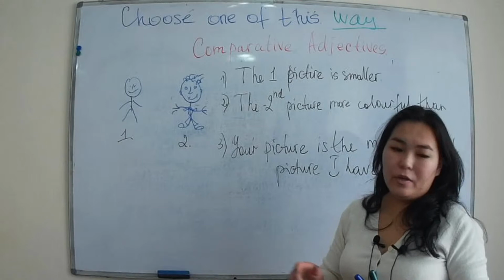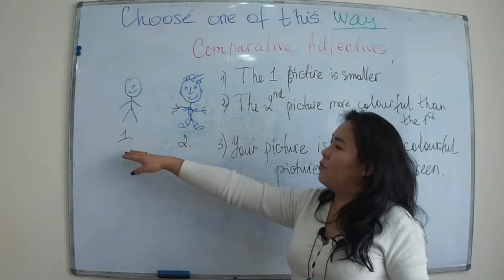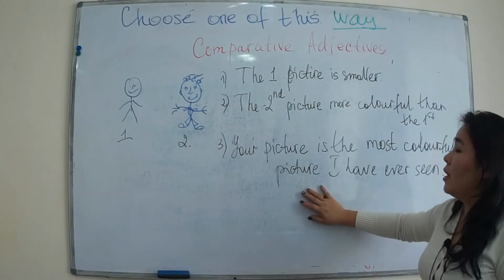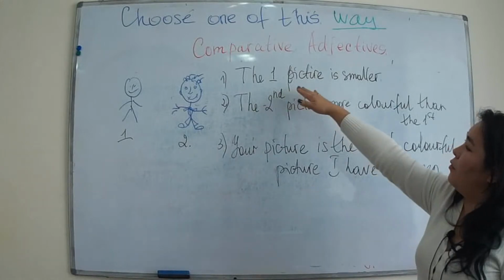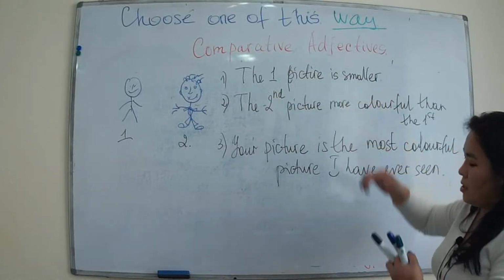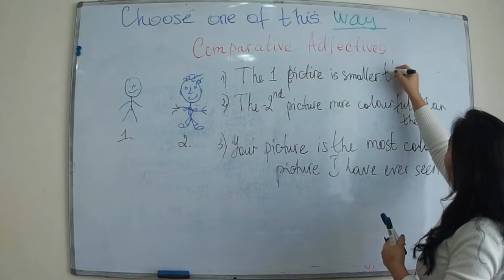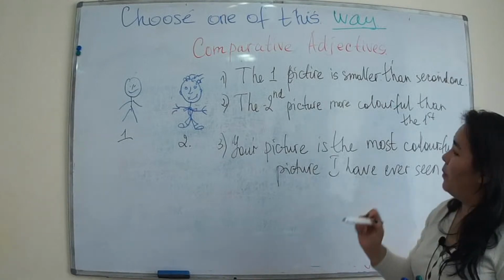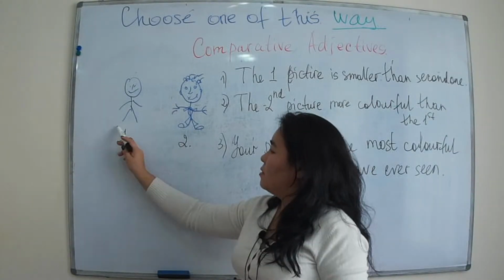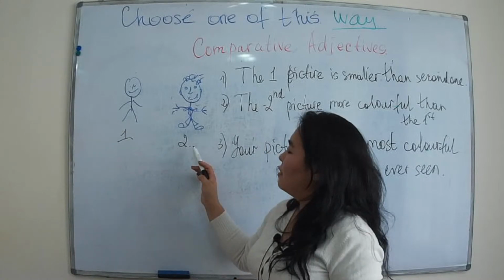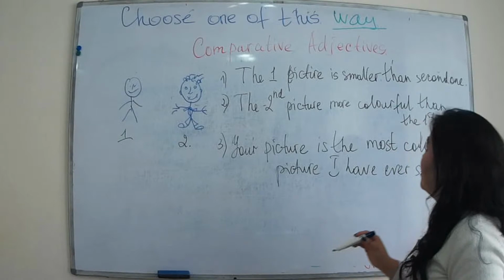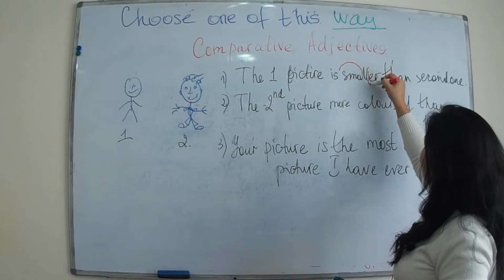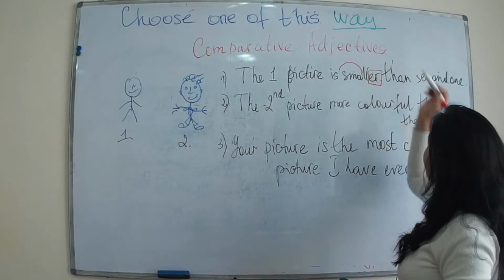So you have three different sentences. We have two pictures of the man, and we have three different sentences. The first sentence, the first picture is smaller than the second one. So here we compare these two pictures, and it is smaller and this is bigger. So here we use a one syllable adjective and we add the ending er.